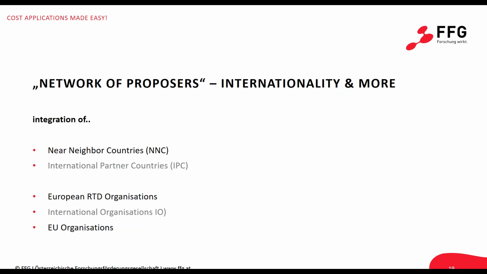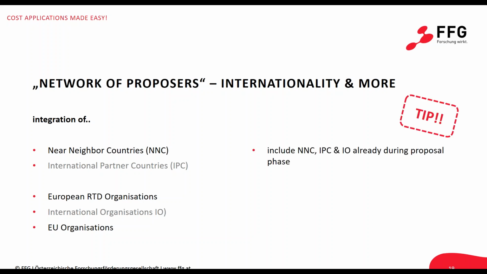The only difference, and this is slightly indicated here by the different colors, the gray written partners, international partner countries and international organizations, do not receive funding. They can still participate, can be observers, but they do not receive funding. And your neighbor countries, for example, do. So if it is relevant for your action, for your research topic, think about including partners from other countries too. And I will show you in a second who these partners are.